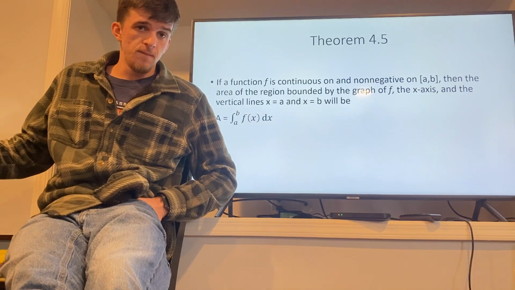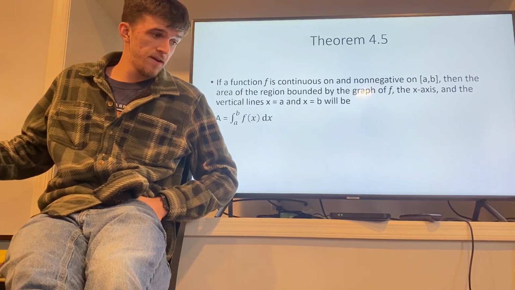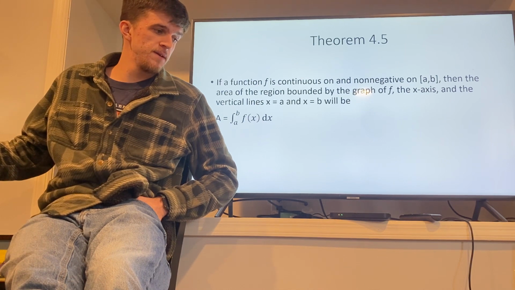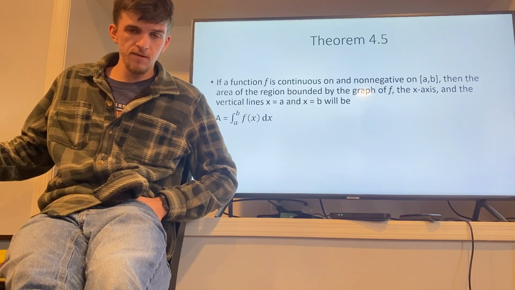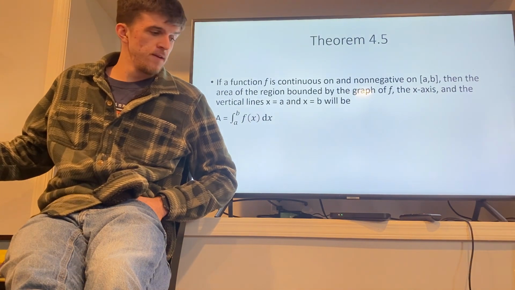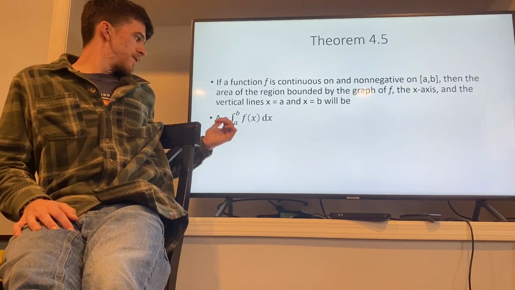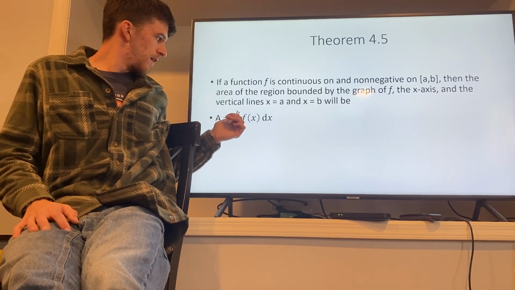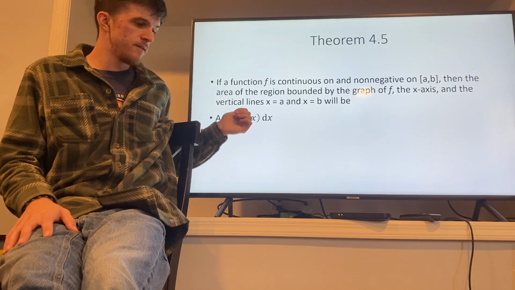So theorem 4.5 states, if a function f is continuous and non-negative on the closed interval [a, b], then the area of the region bounded by the graph of f of x, the x-axis, and the two vertical lines x equals a and x equals b, will have your area equal the definite integral of f of x from a to b.